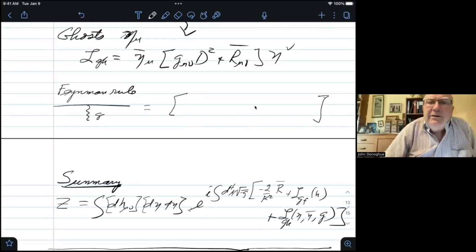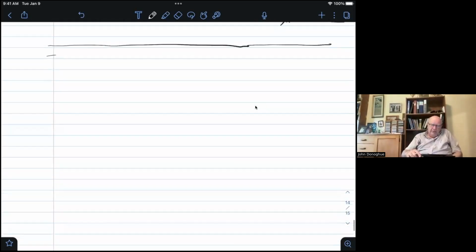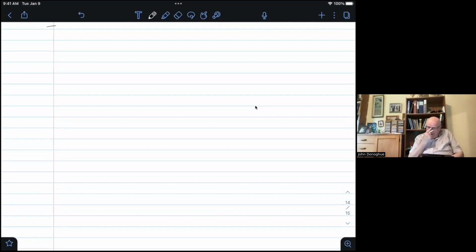So the question is, are ghost loops considered during the renormalization process, even though they are unphysical? And the answer is yes. And we can turn to QCD for this as an example. When we're renormalizing gauge theories, some of the important diagrams come from vacuum polarizations, where you put the matter fields in, you put the gravity fields in, and you put in the ghosts.